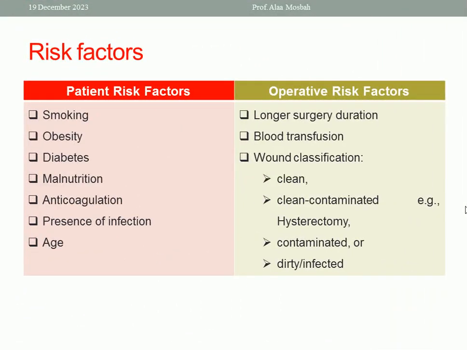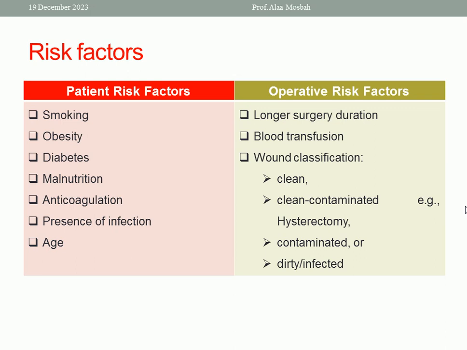What are risk factors for surgical site infection? Maybe patient risk factors or operative risk factors. Patient risk factors include smoking. We know that smoking decreases body immunity, and is also associated with vasoconstriction, so decreased tissue perfusion, so increased possibility of infection.